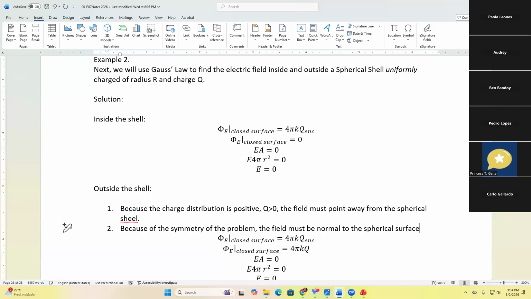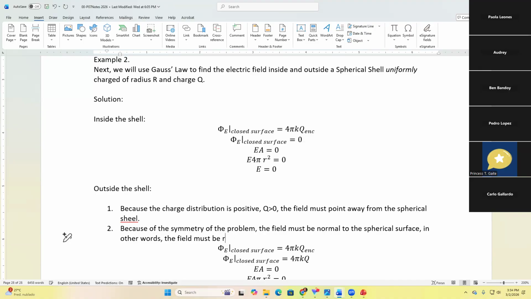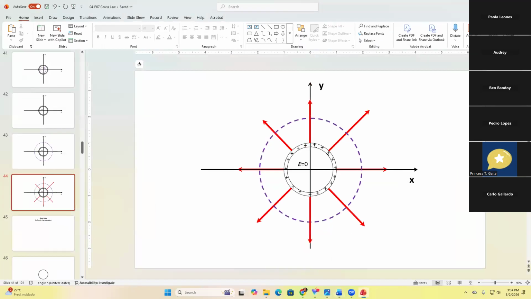In other words, the field must be radial, must be in the radial direction. Okay, and that is what we have right in here in this problem. The field is in the radial direction. And now we can finally finish the problem. Just like before, the area vector is going to be parallel to the electric field.